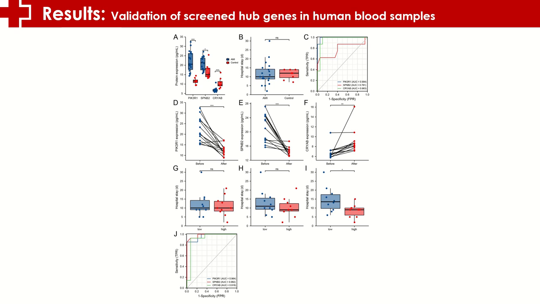And figure I also illustrates that patients with lowly expressed CRYAB seem to have longer hospital stays. Figure G explores the prognostic value of the 3 hub genes. We also found that the 3 hub genes can have potential prognostic value according to the AUCs.